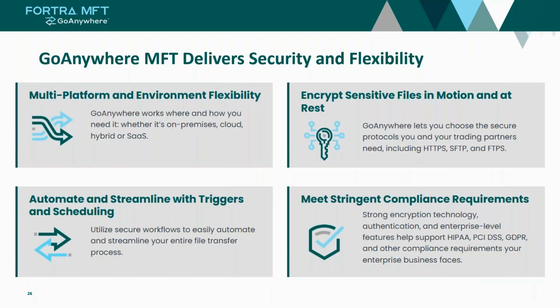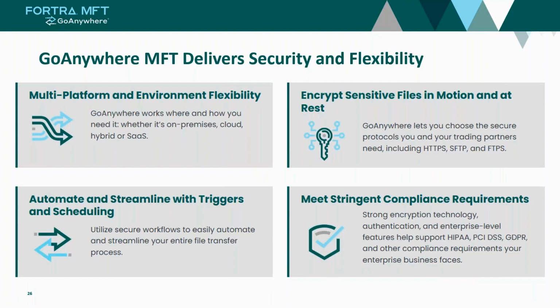GoAnywhere offers the encryption at rest, as Rick mentioned, with OpenPGP and GPG encryption and AES 256-bit encryption. Compresses and decompresses files using zip with AES standard if needed, and secure transfer protocols like secure FTP, secure copy, FTPS, AS2, 3, and 4. Right, there's a lot of options there.